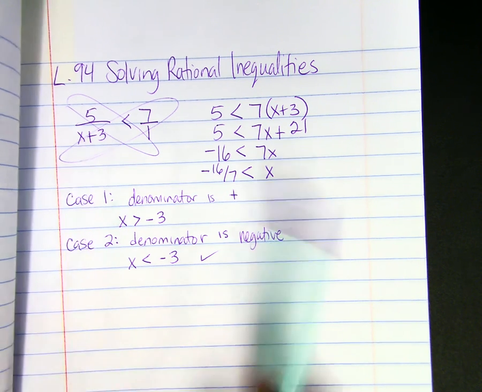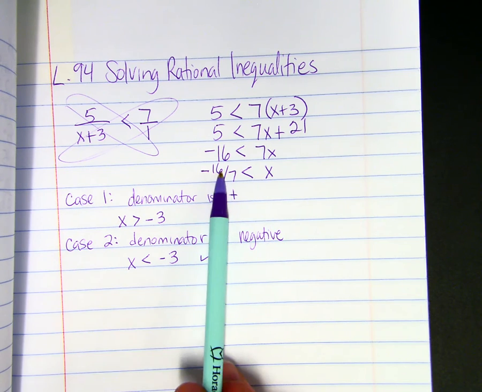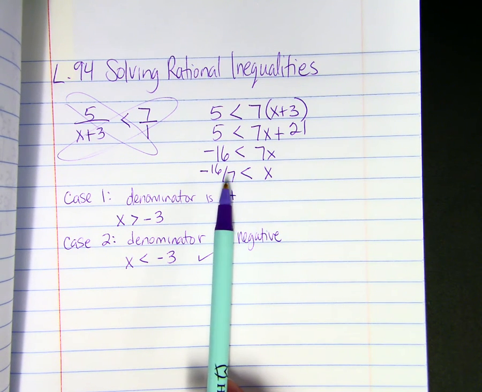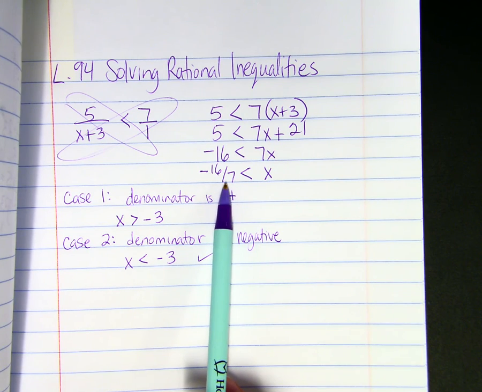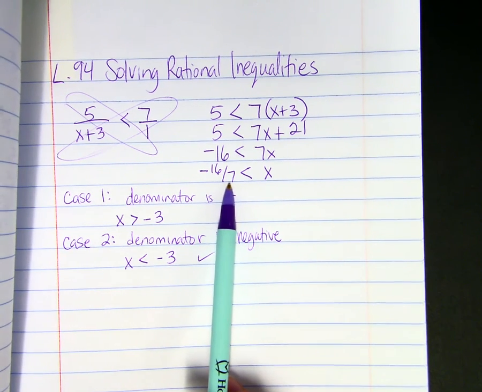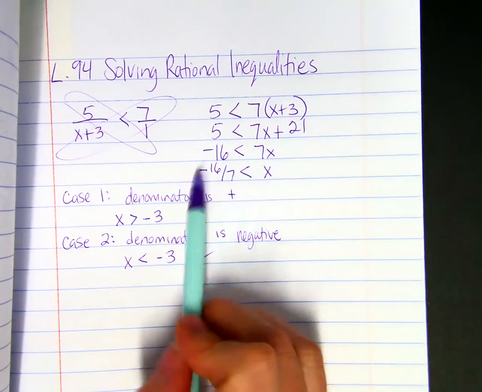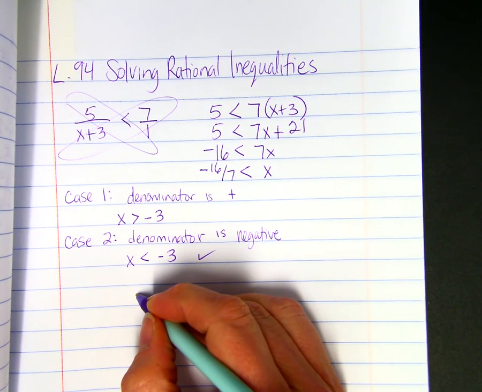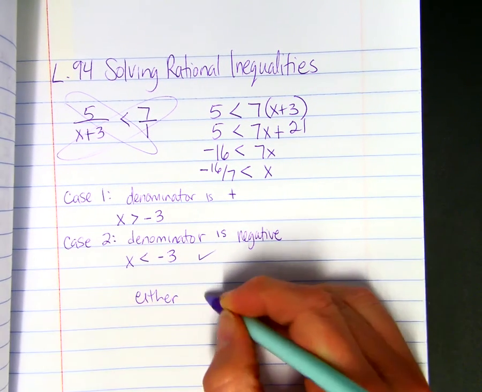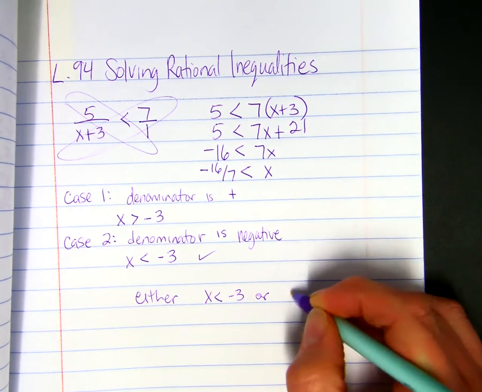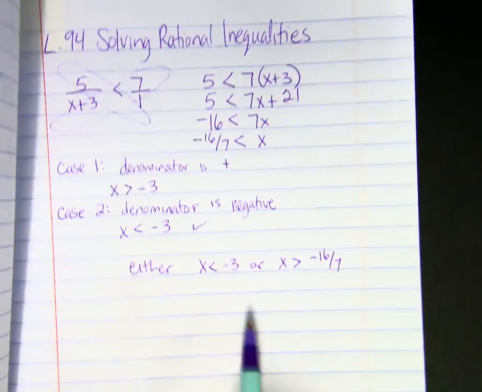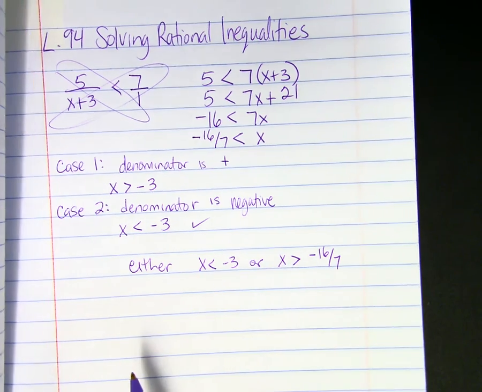We know that x is greater than negative 16 sevenths, which is negative 2 and something, so it's bigger. So it just has to be greater than this number. It'll overlap. So it's either x is less than negative 3 or x is greater than negative 16 sevenths. It won't go in between those two.